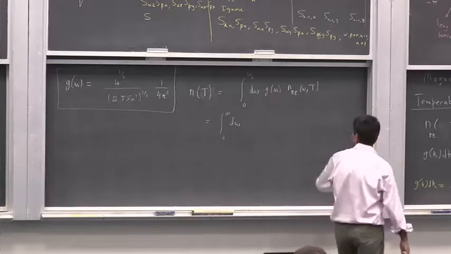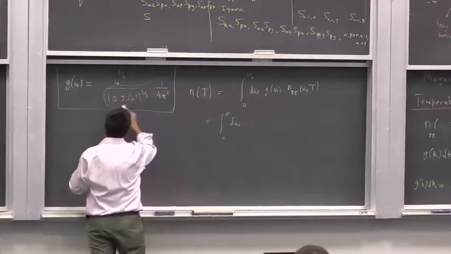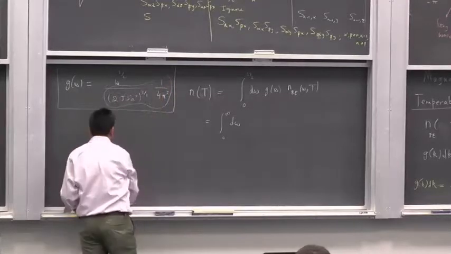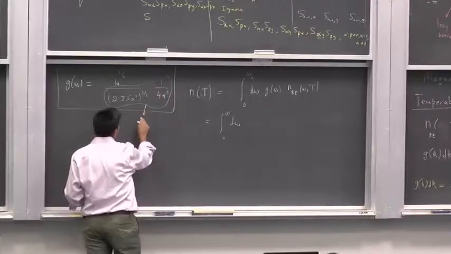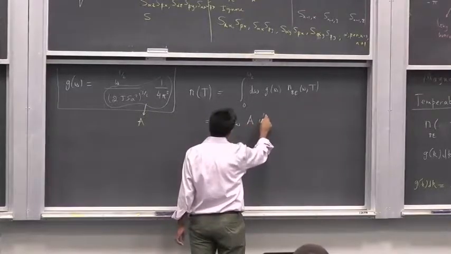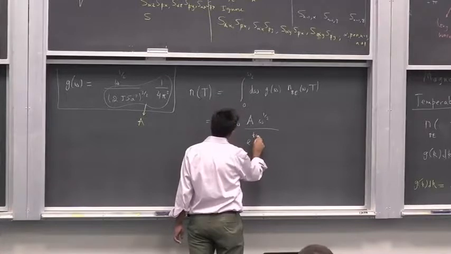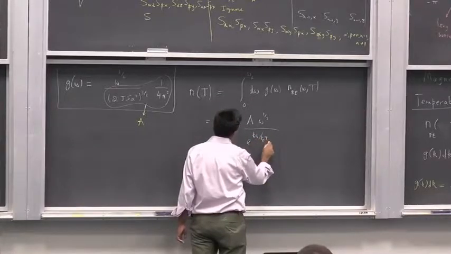I have this extra, maybe I was wrong in the morning, but anyway, this is some constant, right? Let's call this constant A. So this is A, omega to the 1/2, over e to the h bar omega over kBT minus 1.